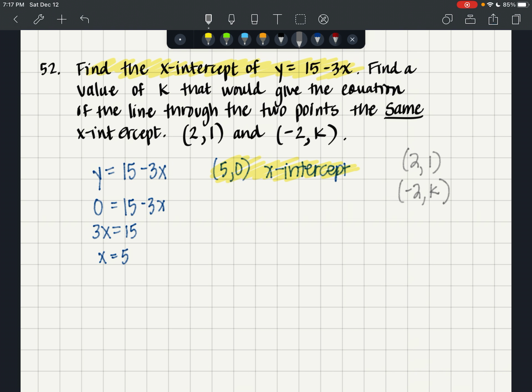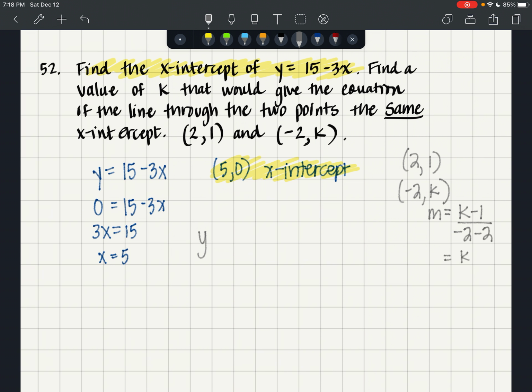I need to find the equation of this line that gives the same x-intercept. So let's just pretend I was going to write the equation of this line. Well, the slope of this line is going to be y2 minus y1, k minus 1, over negative 2 minus 2.